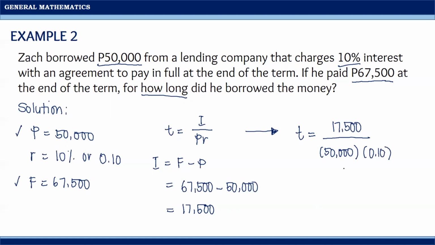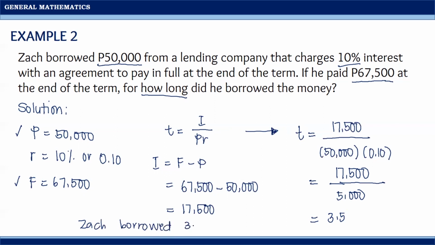Simplify first the denominator: 50,000 times 0.10 gives us 5,000. Then, dividing 17,500 by 5,000 gives us 3.5. Therefore, Zach borrowed the money for 3.5 years.